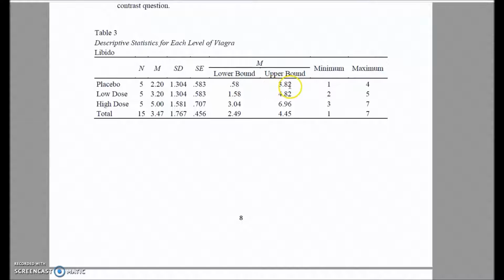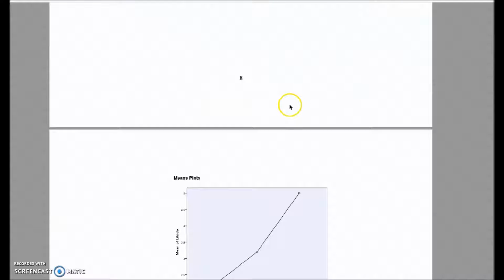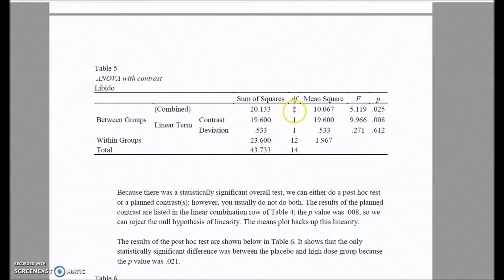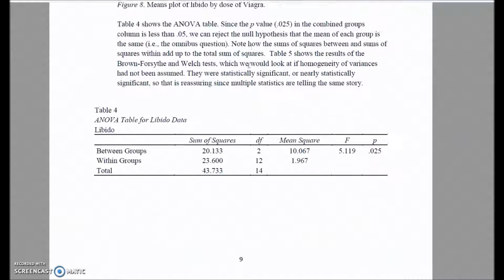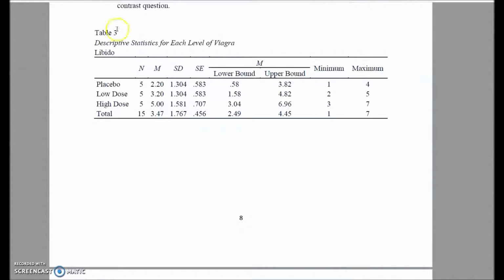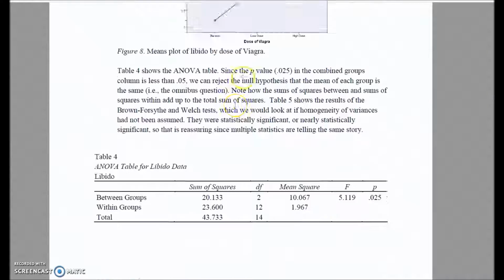Here is your lower bound, upper bound. So make sure you don't get confused between the different tables. This is the table to give the mean difference, and to get the mean and the statistics it is the descriptive statistics table right over here.